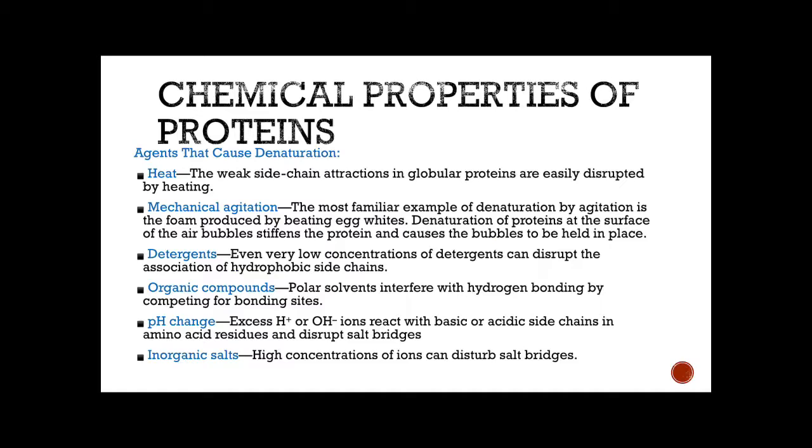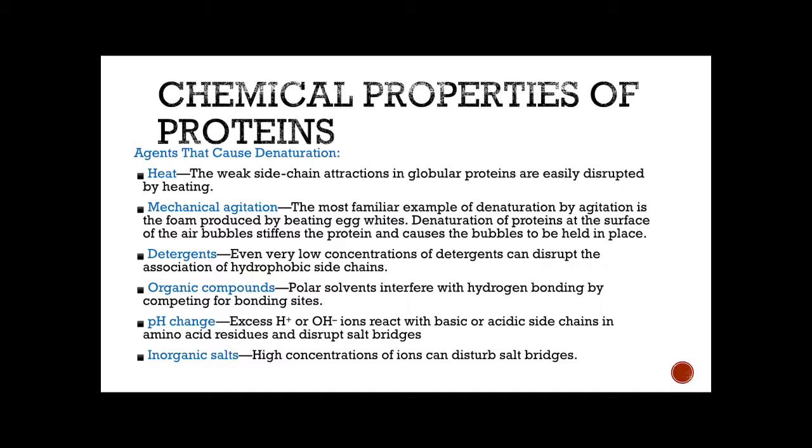Okay, and here are the agents that can cause denaturation. The first one is heat. Heat can denature proteins by breaking hydrogen bonds, and it disrupts hydrophobic interactions that we talked about. Next is mechanical agitation.